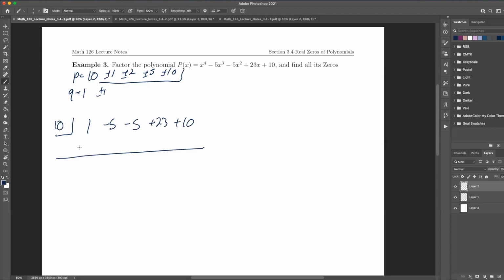So if 10 is one of the zeros, so here I have 1, I'll get 10, add up the minus 5, I get 5, I get 50, I get 45, I get 450, I get 47, 30, and I get 4,730, which gives me 4,740.